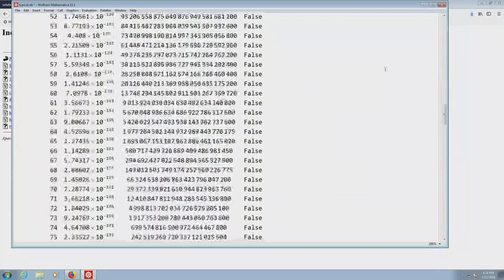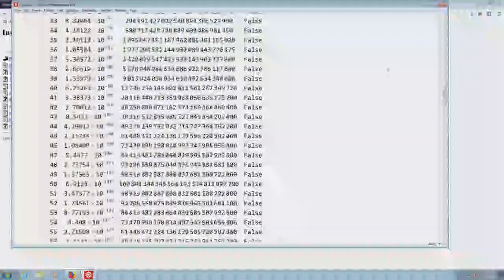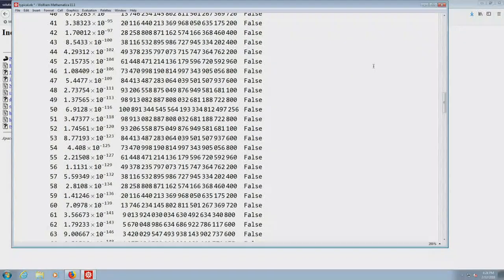See, that's all false. But look at, I told you there was a lot of words. How many is this? Millions. This is billions.